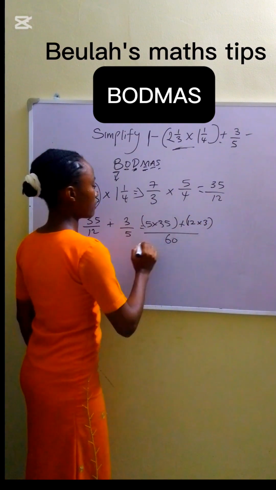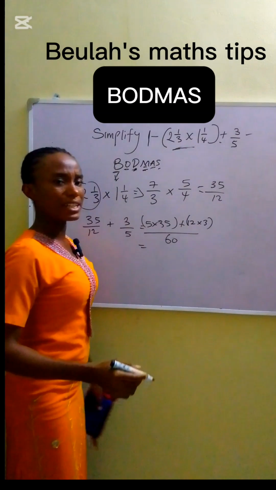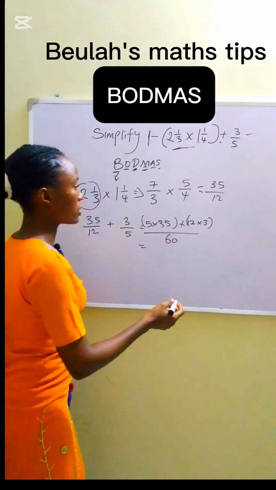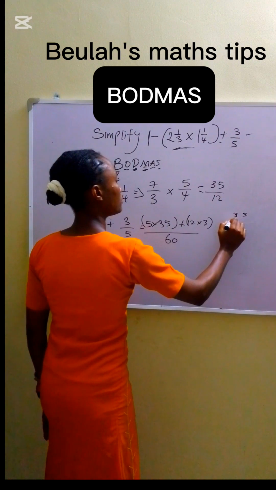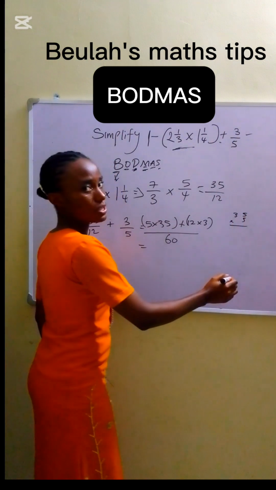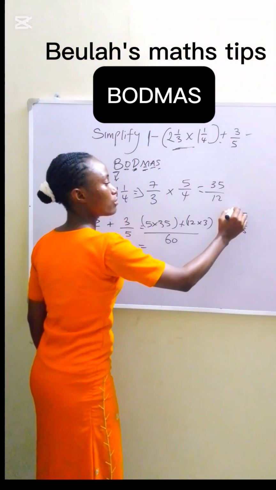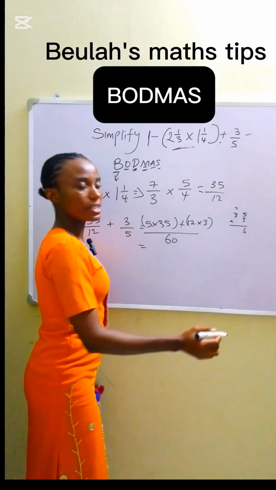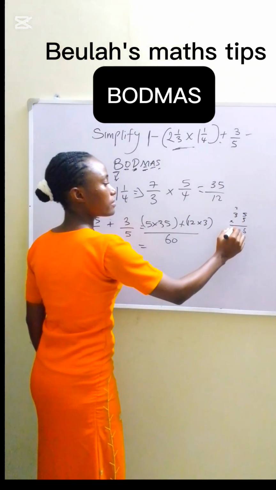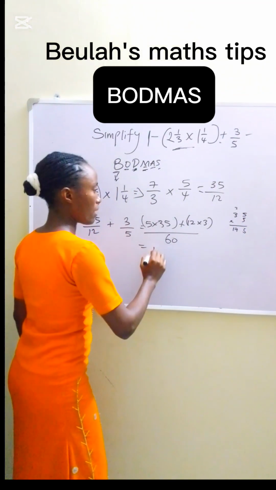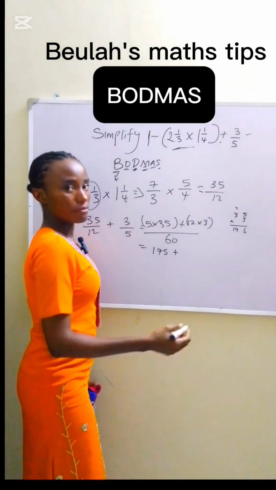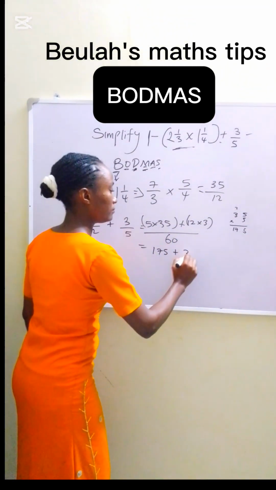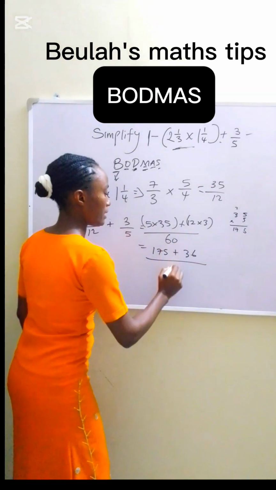So what are we left with? The answer will now be 35 times 5. Let's do it in a rough sketch. 5 times 5 is 25, so 5 carries 2. 5 times 3 is 15, 15 plus 2 is 17. So we have 175 plus 12 times 3, 36, over 60.